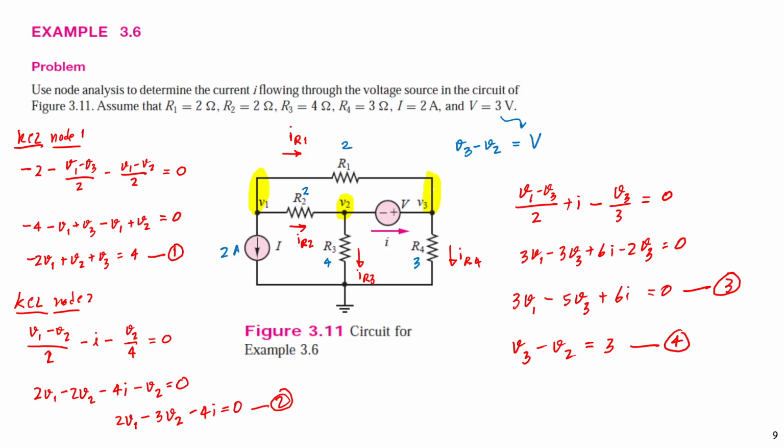Or any method, maybe you can solve faster than me. It's up to you. Or you can solve 4 equations, 4 unknowns. You can remove the unknowns one by one. Any method you prefer.